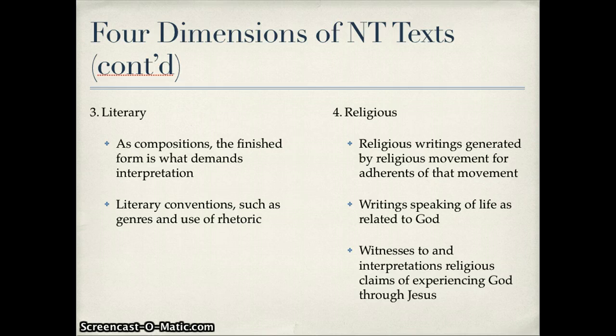We have to take into consideration the composition as a larger work, the finished form. And we have to take into consideration their own literary conventions in the 1st century. So we have to take into consideration there are parables, and parables are interpreted in a different way than a letter is interpreted.